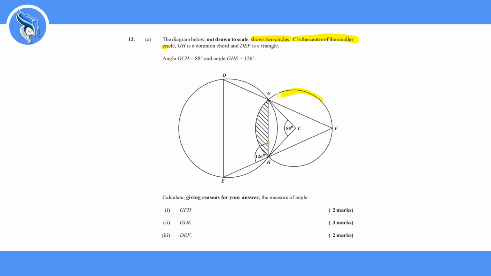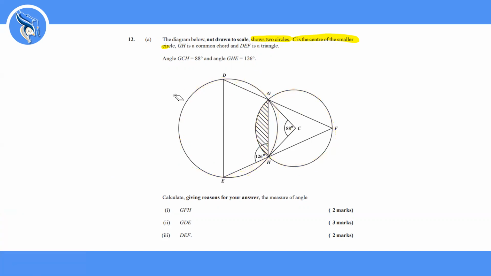I hope you can see it, because this is the smaller circle and this here is the larger circle. Forgive my circle. And the chord is inside both of them, so that's why it's a common chord.